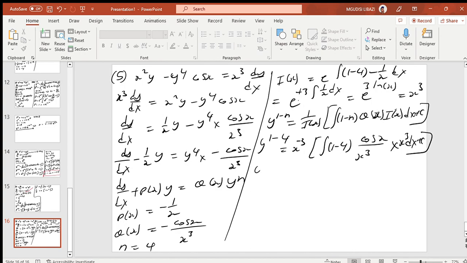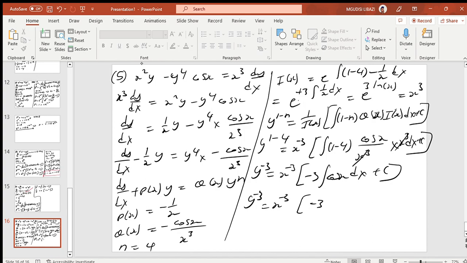So you can say y to the minus 3 is equal to x raised to negative 3 into negative 3 integral, cancel that, we're left with cosine of x dx plus c. So that is what we have. So you can say now y to the minus 3 is equal to x to the minus 3 into negative 3 integral of cosine, which is sine of x, and then plus c.